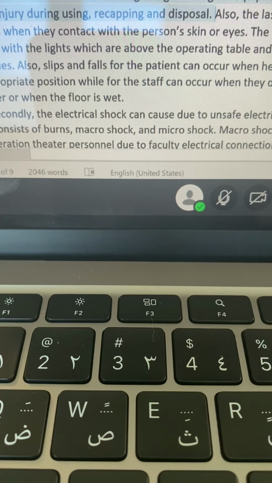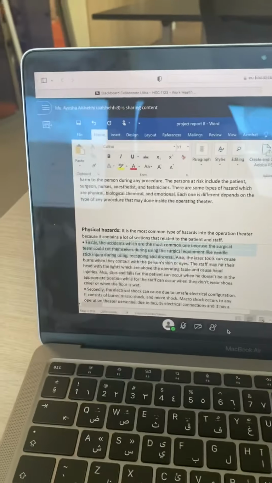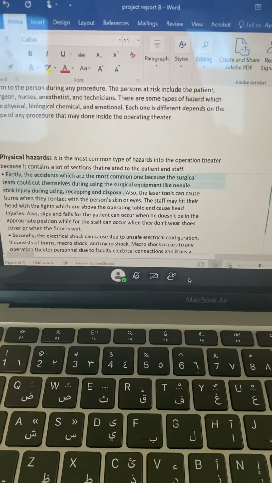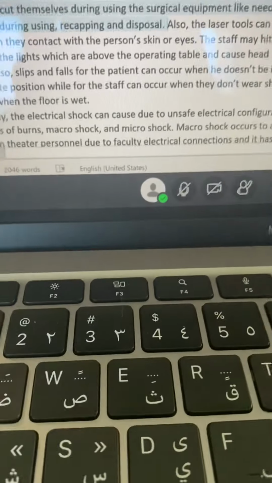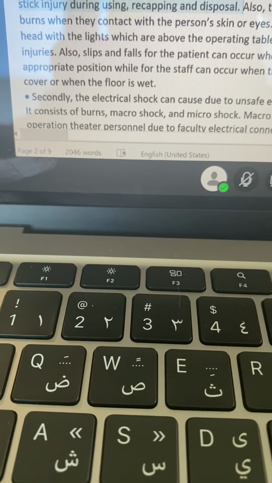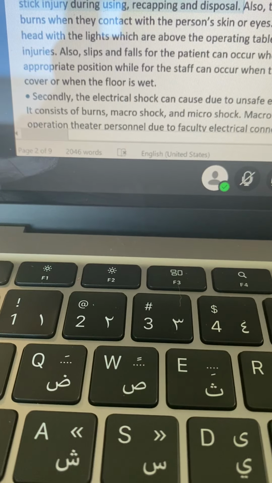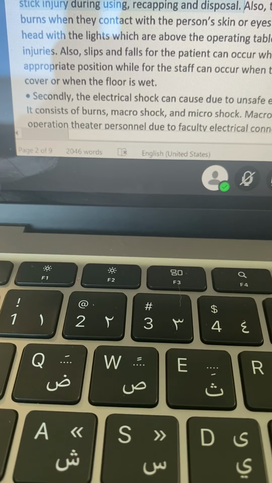In my opinion, for the physical hazard, you can say in the operating room there is a lot of equipment used, and the wires of this equipment are exposed on the floor, for example. Just giving you an example. And this leads to a risk of slips and trips.